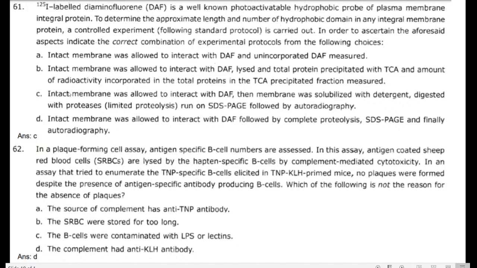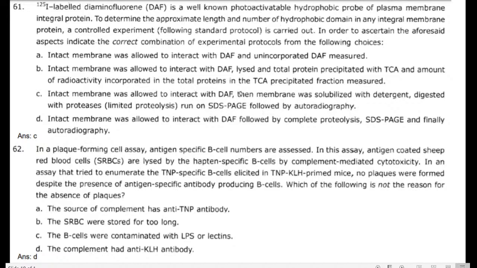The correct protocol is: first, intact membrane was allowed to interact with the DAF, the I-125 labeled diaminofluorene. Then the membrane was solubilized with detergent. Then it is digested with protease enzyme, which cleaves the peptides, and SDS-PAGE is run followed by autoradiography.